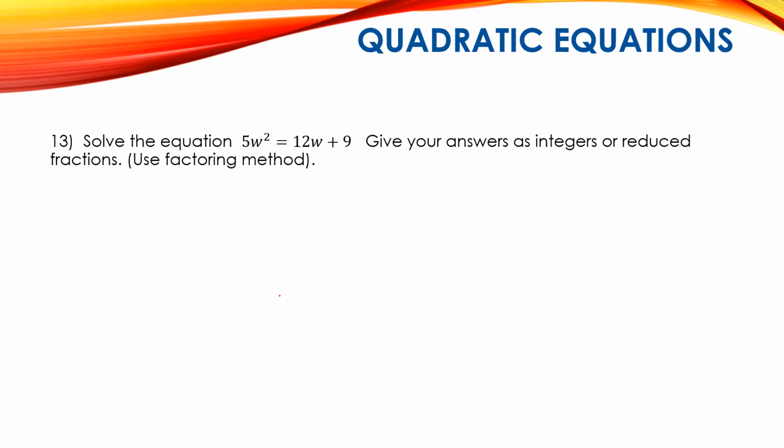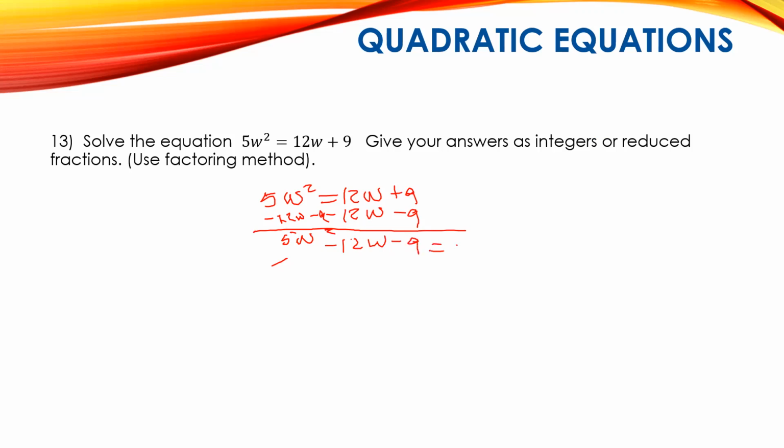And this one, we have 5w squared equals 12w plus 9. What we have to do is bring everything to the same side. We have 5w squared minus 12w minus 9 equals 0.